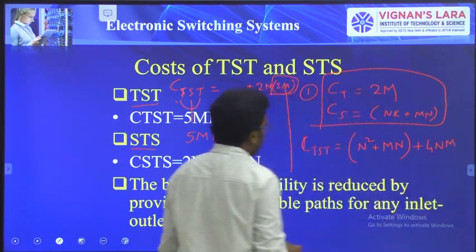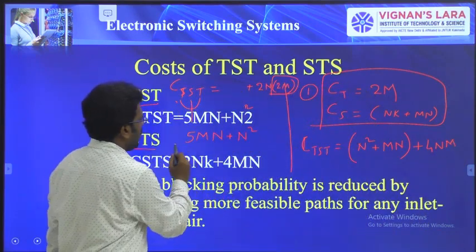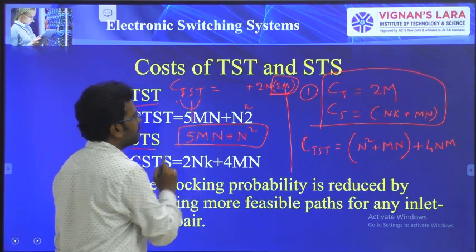Totally the value of C_TST is 5MN plus N squared.